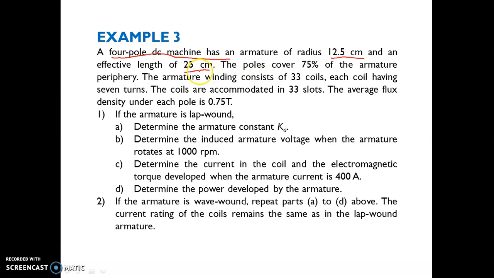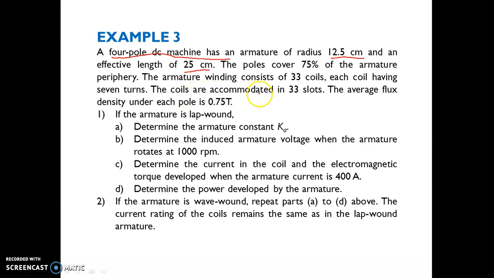L is given as 25 centimeter and radius is 12.5 centimeter. The pole covers 75% of the armature periphery. The armature winding has 33 coils, each coil having 7 turns, so 7 turns means 14 conductors.